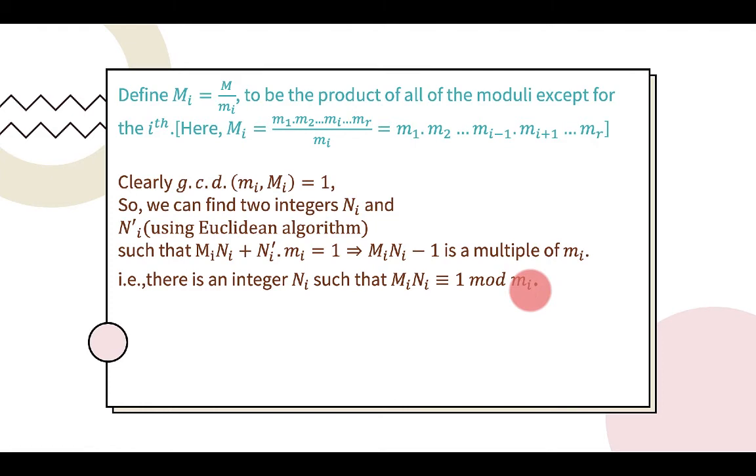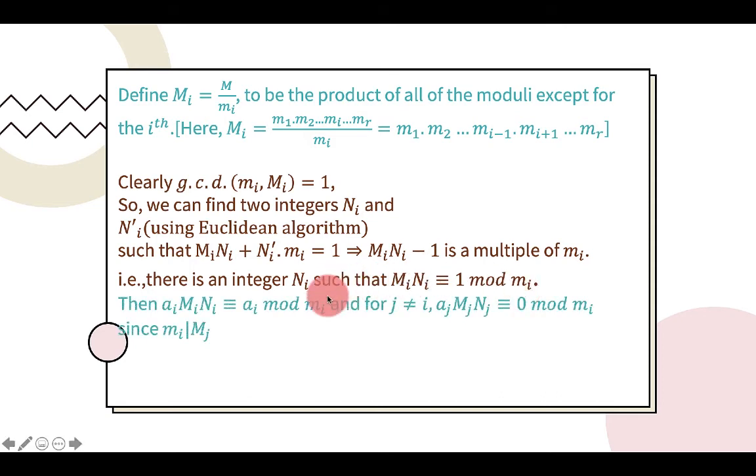Thus, we have proved the existence of an integer, say capital Ni, such that capital Mi into capital Ni is congruent to 1 modulo small mi. That is, capital Ni is the multiplicative inverse of capital Mi modulo small mi.